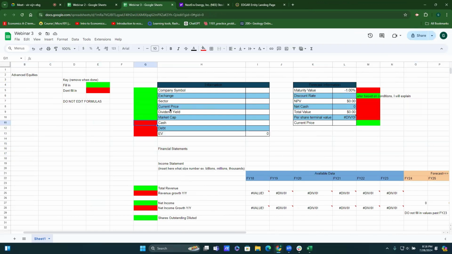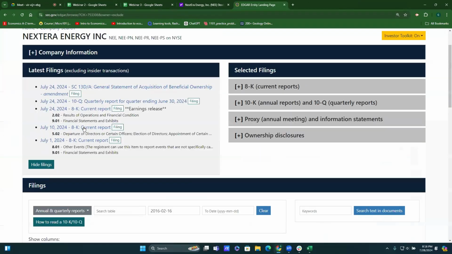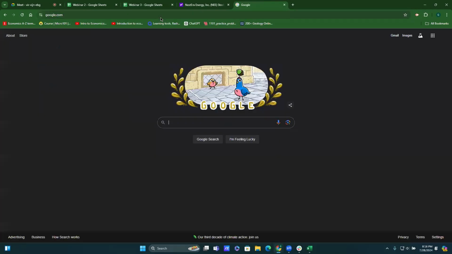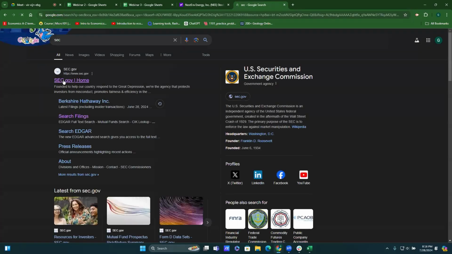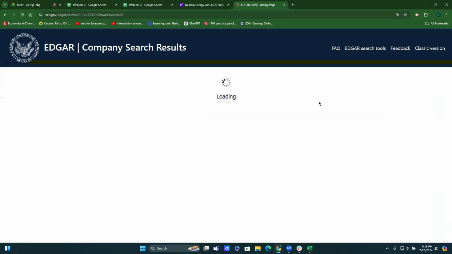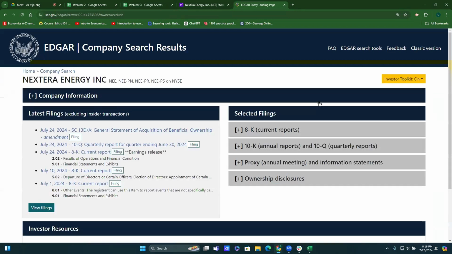So I get my data from the SEC, the Securities and Exchange Commission. I think I mentioned this the last time, but all you do is you go to the SEC, right? And this is all information they have to fulfill every quarter and every fiscal year, right?